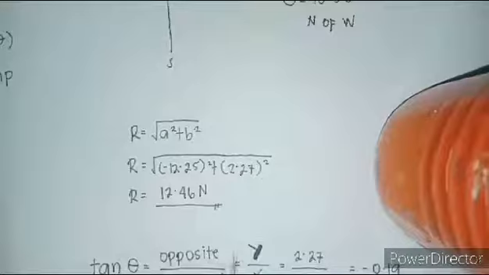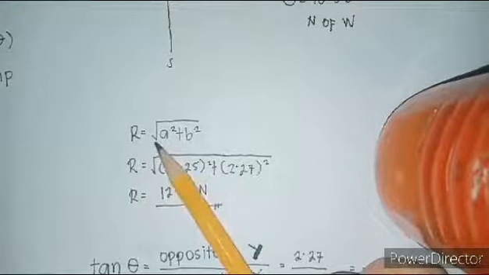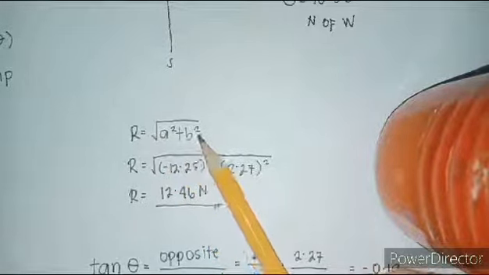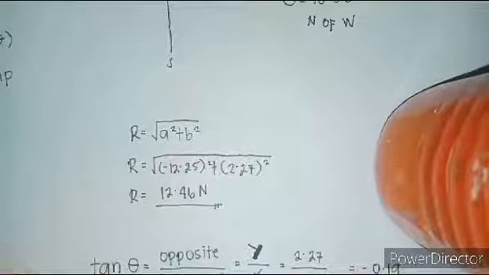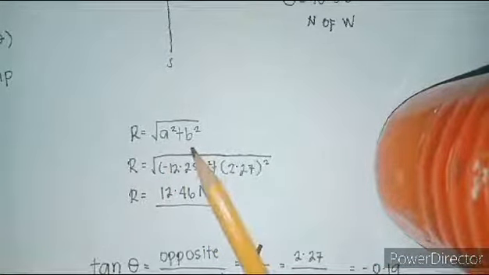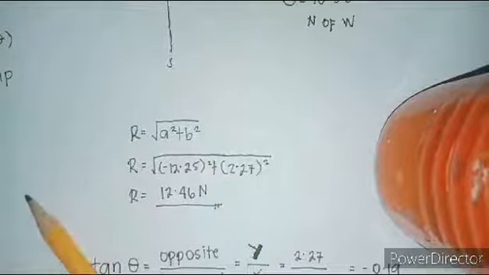Our next thing to do is to find the resultant. In getting the resultant, we follow this formula: the square root of a squared plus b squared. The a is the summation of the x component, and the b is the summation of the y component.